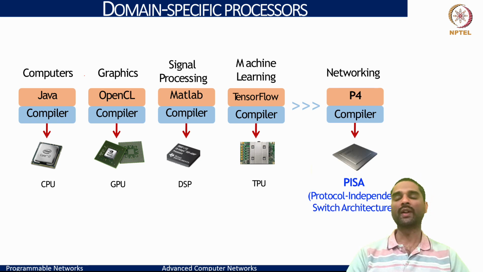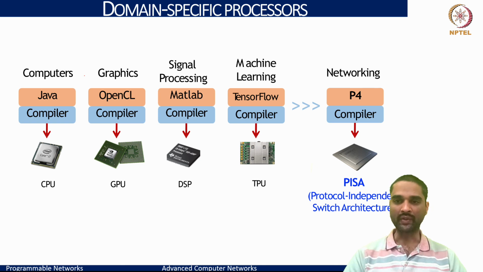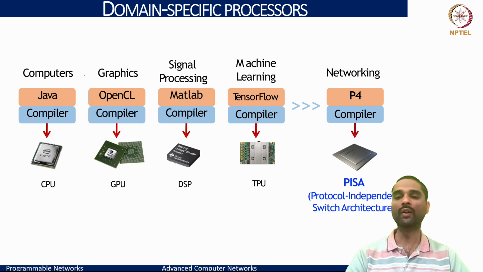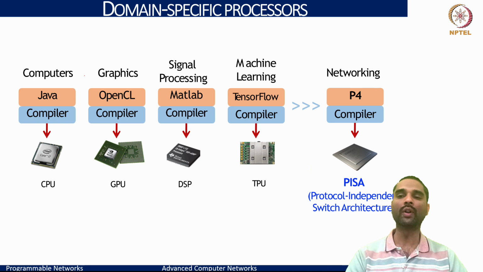And this is exactly where P4 fits into the space, P4 as a language for a user to express what a switching device should do and how it should parse the packet, how it should match, and what actions it should take. All of this is written in the P4 language, and then a P4 compiler is used to generate the instructions that could be run on this switch device.